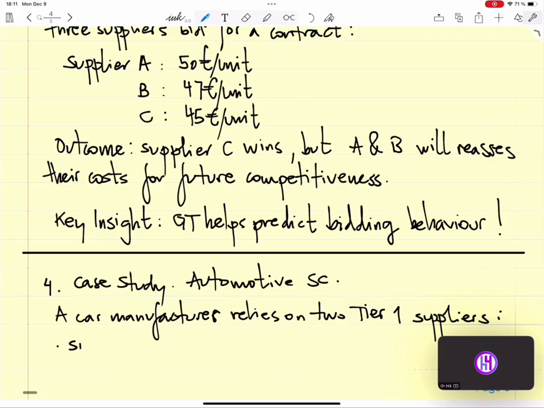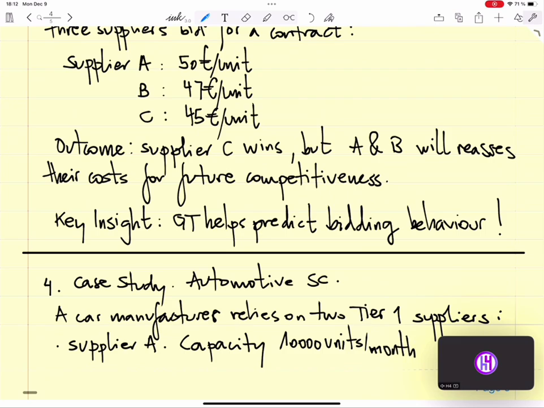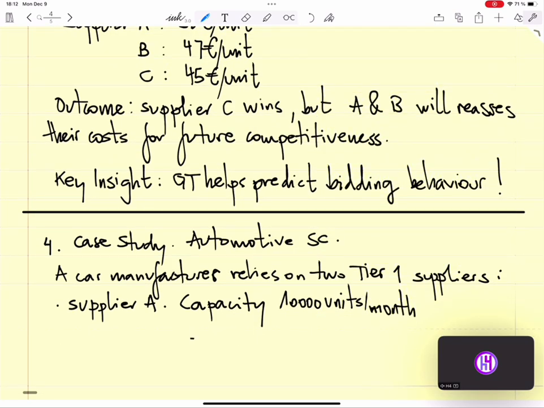Supplier A with capacity 10,000 units per month, and cost 50 euros per unit.